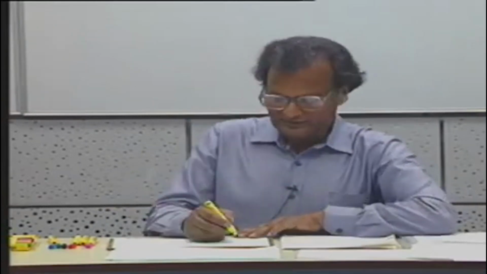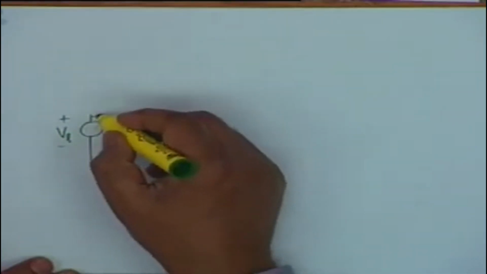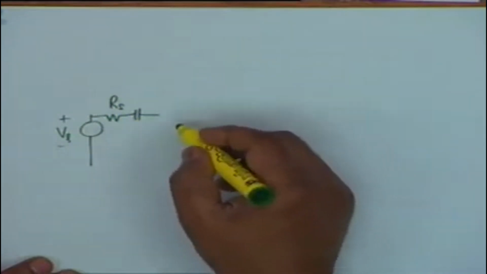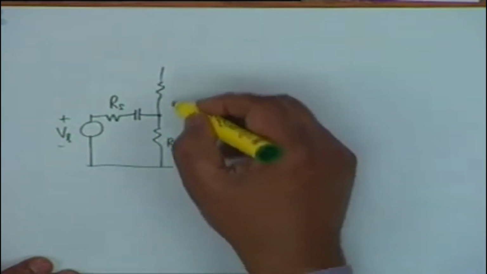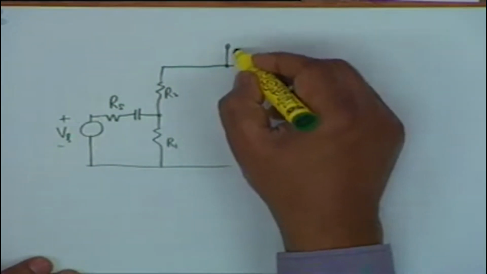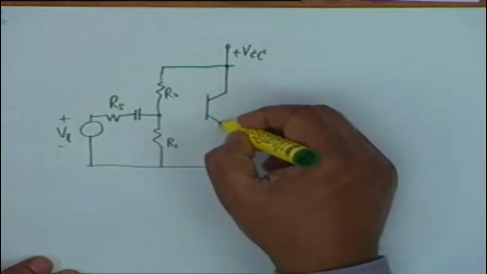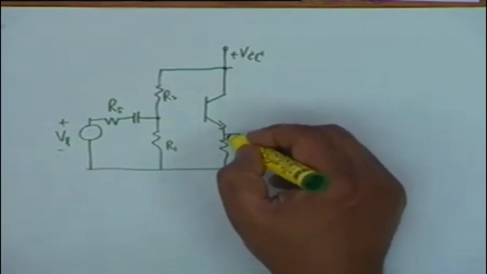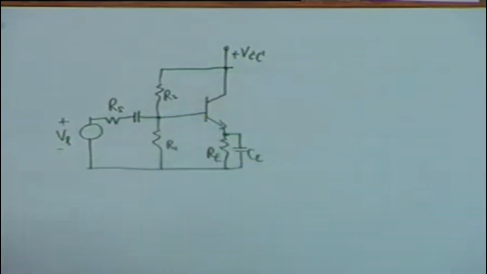Let us consider a 2-stage amplifier. Please try to draw with me. A 2-stage amplifier, I will draw the complete circuit. RS, then you have a coupling capacitor, biasing resistances R1 and R2, plus VCC, then the transistor, there is an RE and C sub E, this connects to the base.